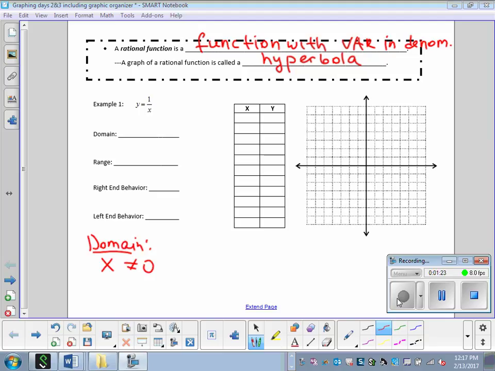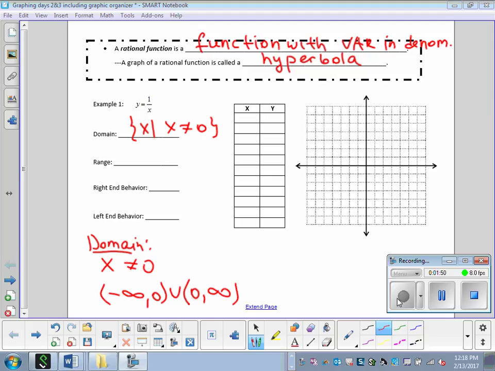So how can I write that domain? In set builder notation, it would be all the x such that x is not equal to 0. You could also use interval notation: from negative infinity to 0, union 0 to positive infinity. Why?